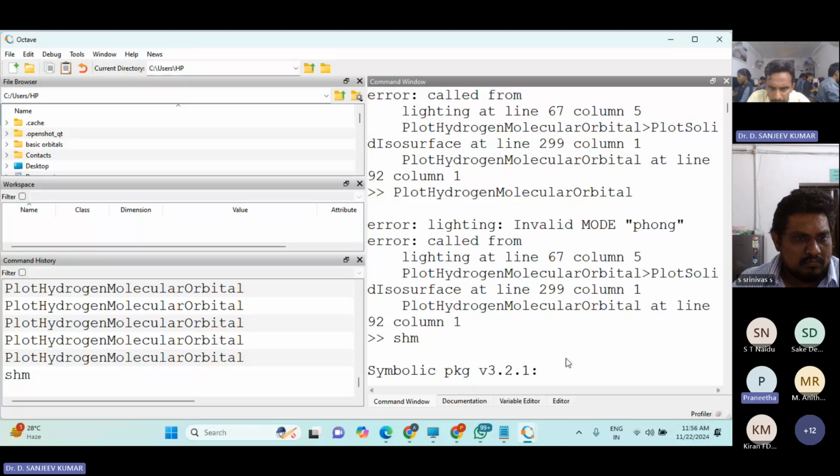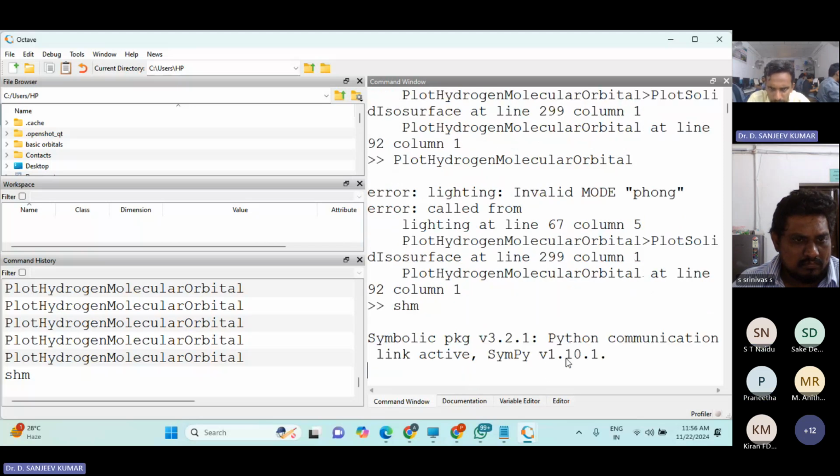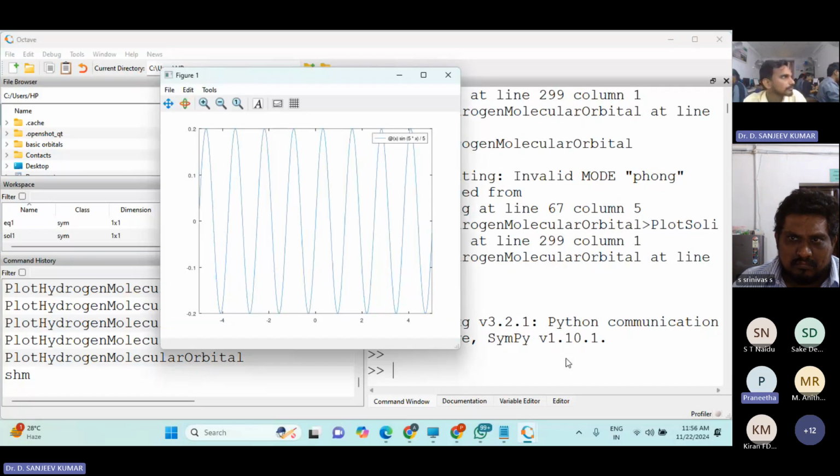The symbolic package is getting loaded, so you have to wait for some time.